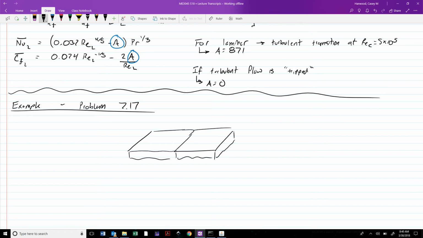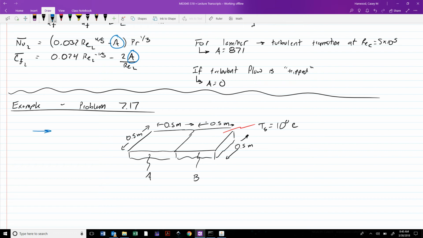We'll call those sections A and B. So it's basically 2 flat plates right next to one another. Each one has dimensions of 0.5 meters by 0.5 meters and is sitting at a uniform surface temperature of 10 degrees Celsius.